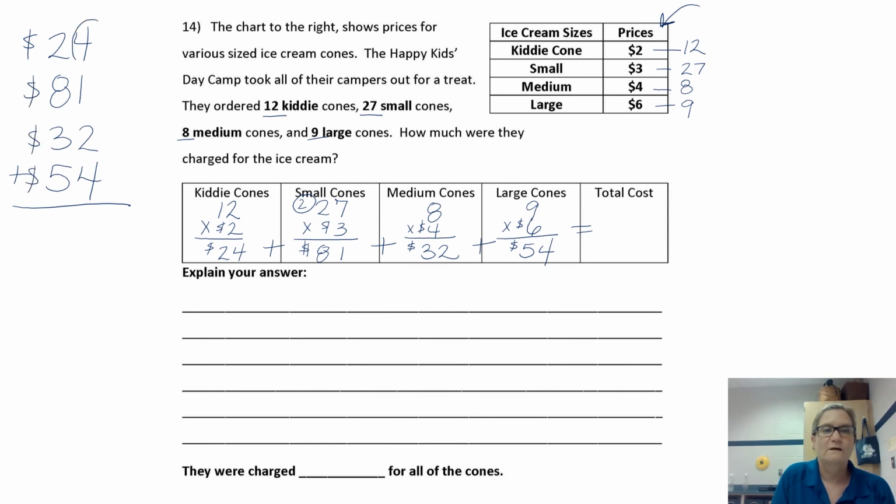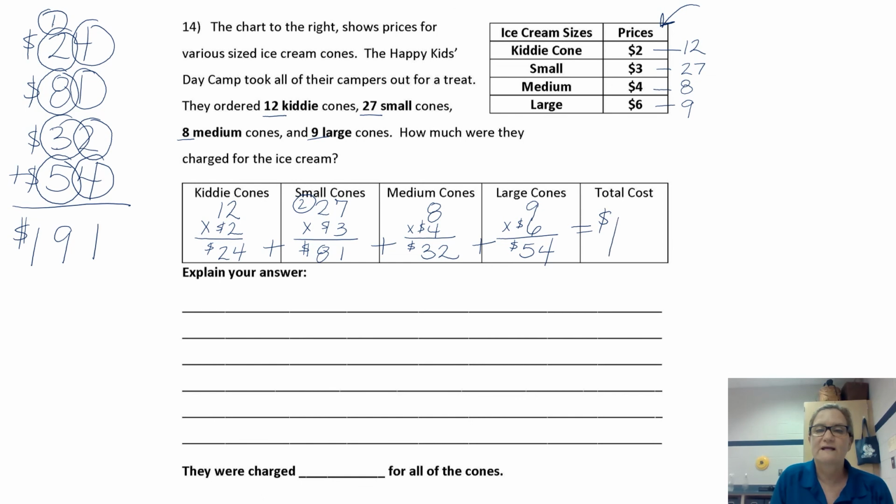Okay, 4 plus 4 is 8, plus 2 is 10, plus 1 is 11. 8 plus 2 is 10, plus 5 is 15, 16, 17, 18, 19. So a total of $191 was spent in all.